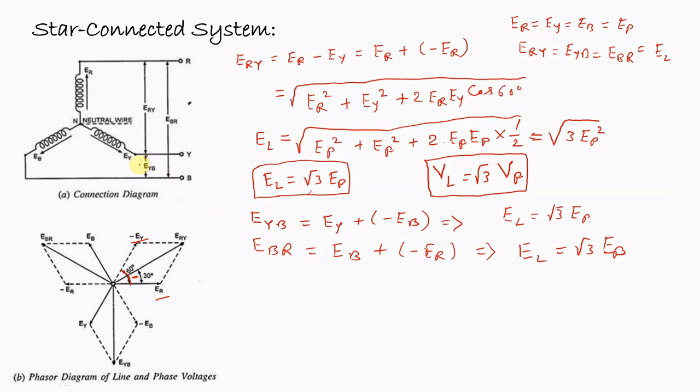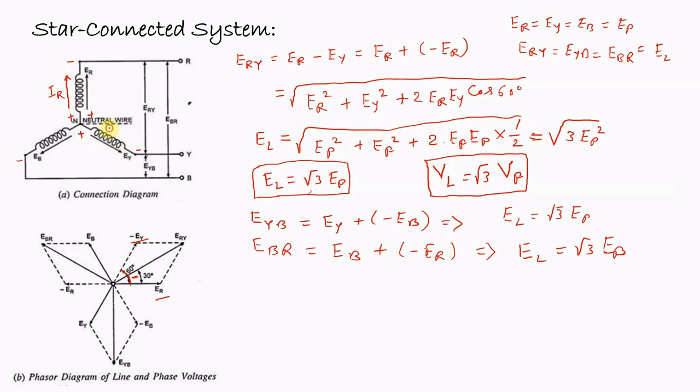Next is the current. As we can see that we have already considered this as a positive terminal, let's say, and this is a negative terminal of the coils, that is the induced EMF of the coil. So definitely the current will flow from positive to negative terminal, and when the current is flowing through a coil, it is considered as, let's say, IR.